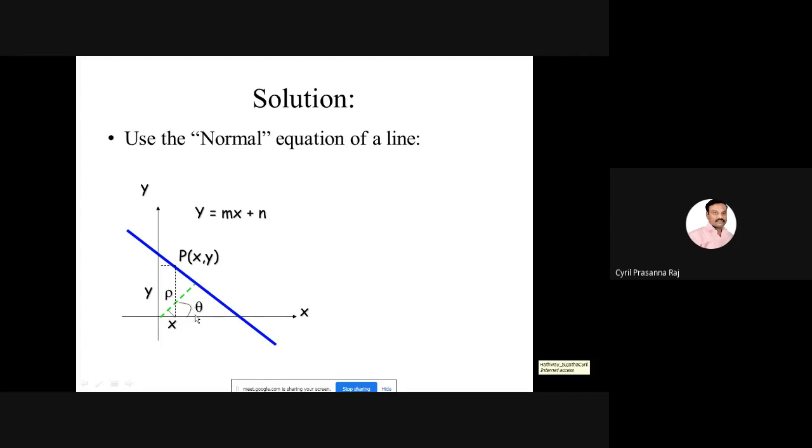Using these two parameters, we define the expression rho = x cos theta + y sin theta. So we can find the value of rho by using this expression, rho = x cos theta + y sin theta.